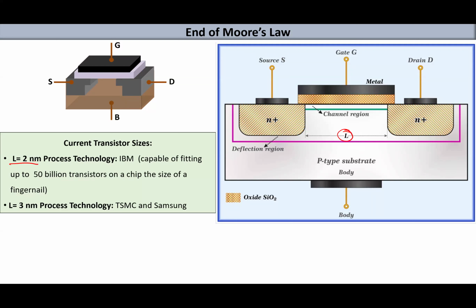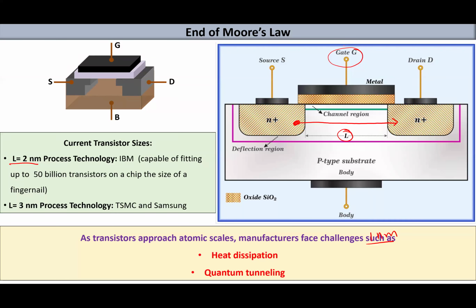If it goes to, let us say, 1 nanometer, then electrons from the source will tunnel directly into the drain, and there will be no role for the gate in this situation. So this technology is going to fail completely in this regime. I discussed the two main issues people are facing now: one is heat dissipation, and the other is quantum tunneling.